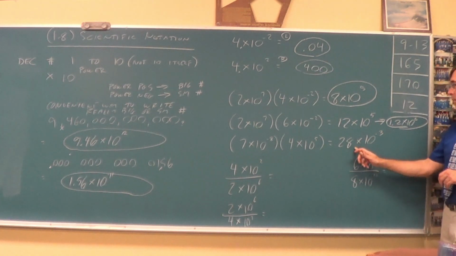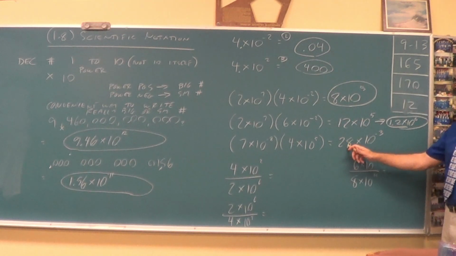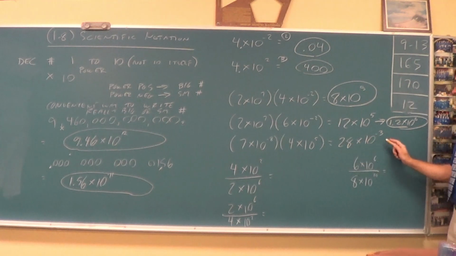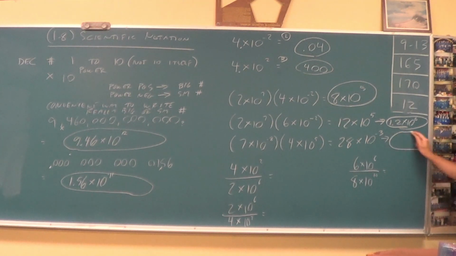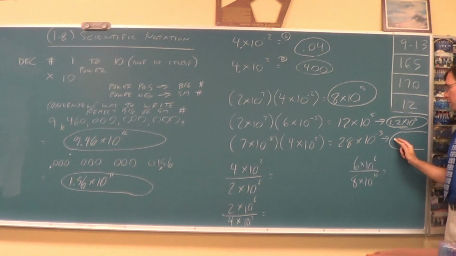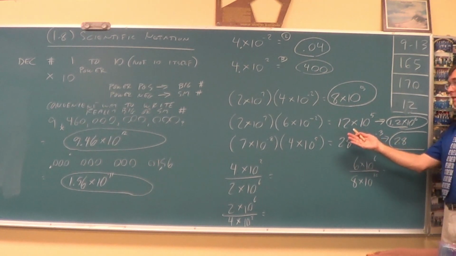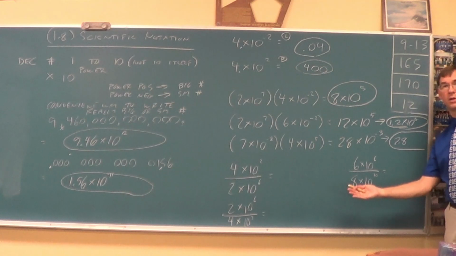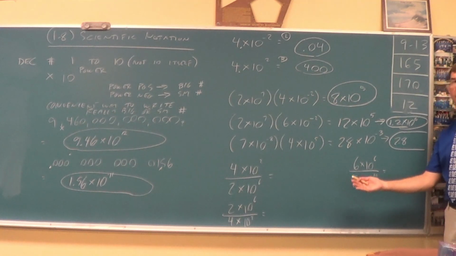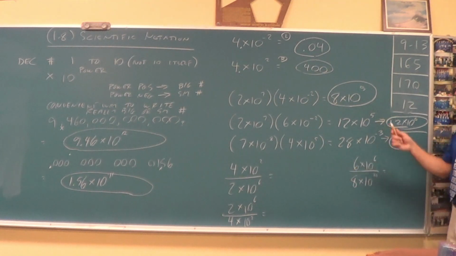So are we happy or unhappy here? Not happy. 28 is too big. So we need to adjust that. So 28 goes out, who comes in? 2.8. Again, we made the number part smaller, so you have to make the power part bigger.